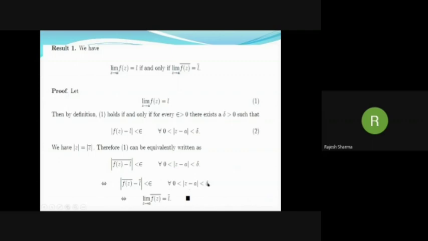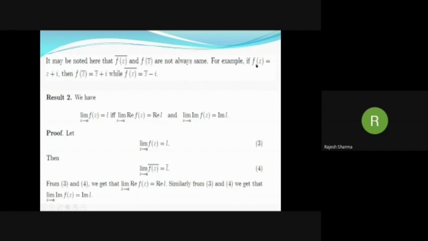And this holds for all 0 less than mod z minus a less than delta. And by definition, this implies that limit z goes to a of the conjugate of f(z) is equal to the conjugate of L. And similarly, we can prove the converse. It may be noted here that the conjugate of f(z) and f of z conjugate are not always equal.